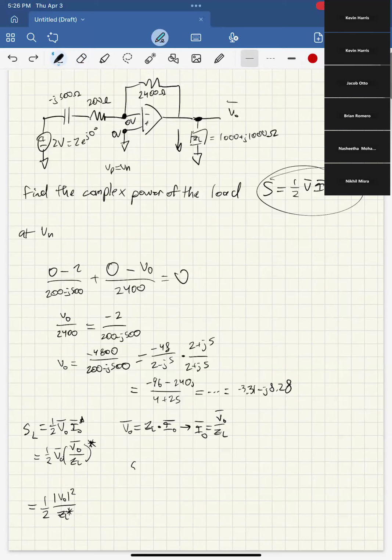So if we want to find SL, then it is equal to 1/2, and then V out squared is going to be the magnitude of a complex number, which is very simple. I'll write it out fully: negative 3.31 squared plus 8.28 squared, under the square root would be the magnitude, and then we square it.